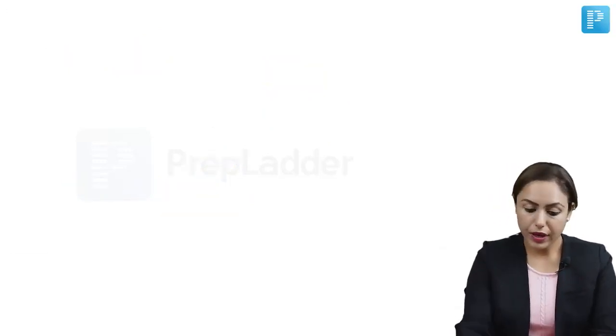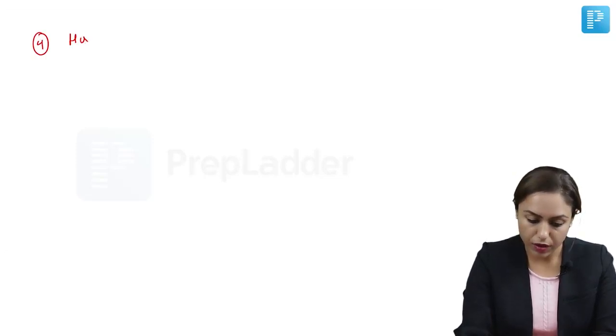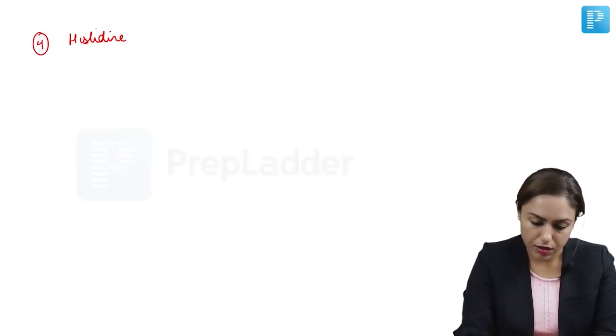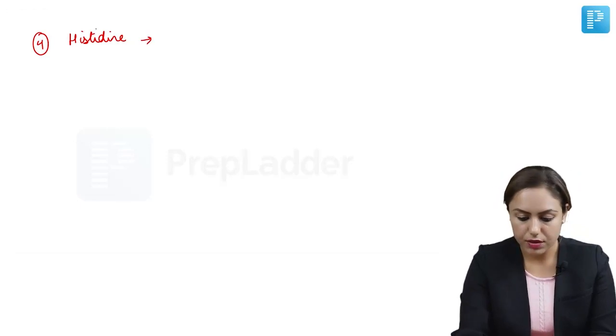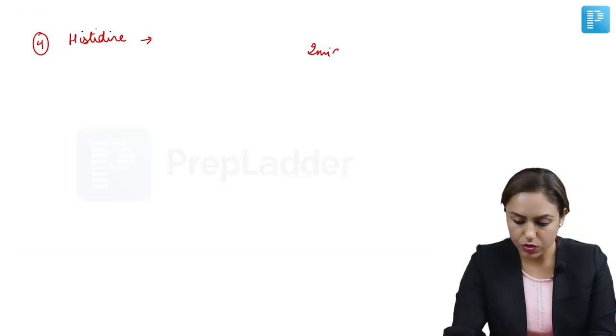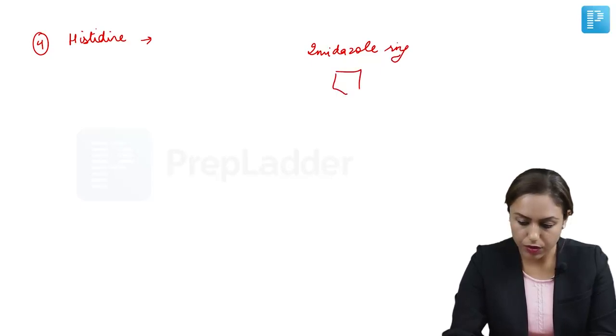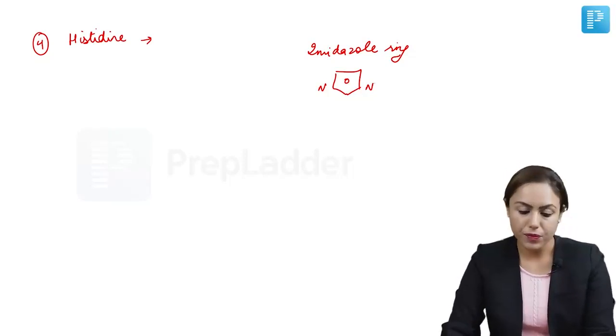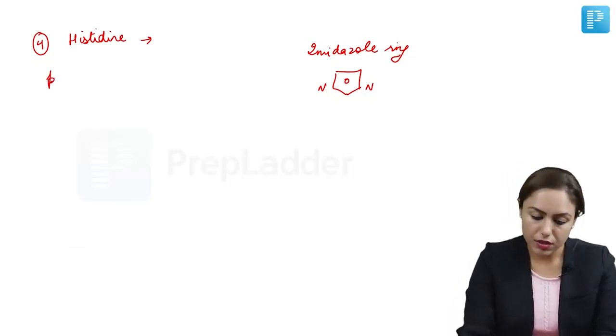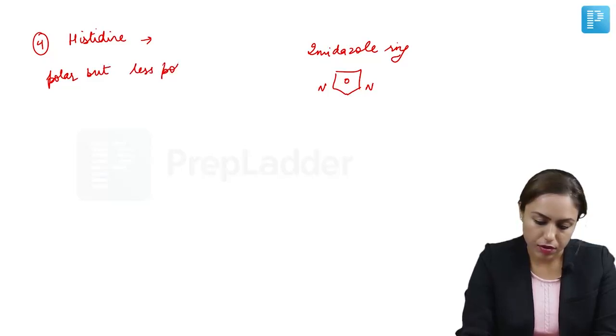Then the next amino acid, the fourth one, is histidine. Histidine has an imidazole ring in the side chain. The imidazole ring has 2 nitrogens in the ring. Histidine is polar but less polar.